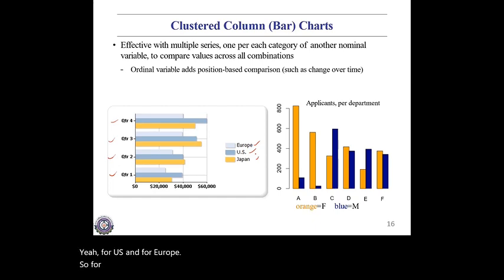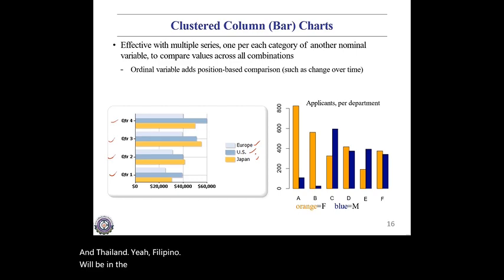So for example, I mentioned a little bit about this part. For example, in Southeast Asia, the sales of, let's say, one automotive or vehicle company in some countries in Southeast Asia, like Malaysia maybe, and Thailand, Philippines.